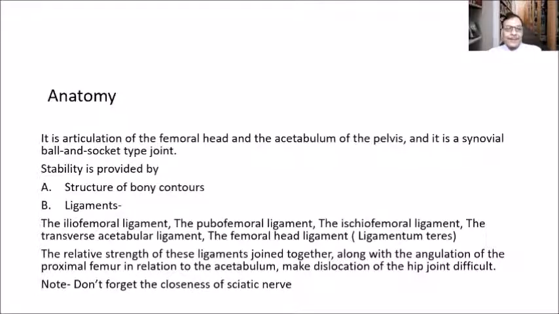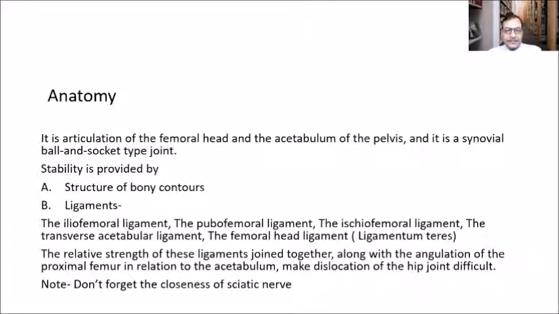There is a cup and in the cup is seated the head, a ball. Then there are ligaments. Remember, there are usually 5 ligaments: the iliofemoral ligament, the pubofemoral ligament, the ischiofemoral ligament, and the transverse ligament, which is not so important. There is a ligament, but it does not contribute much to the stability. It is the weaker one.